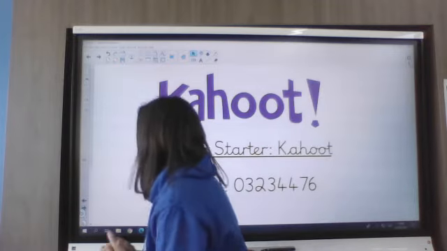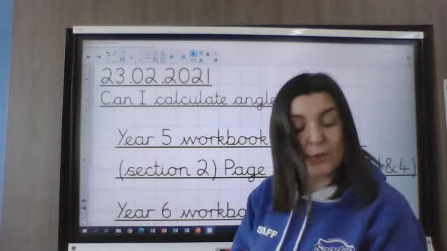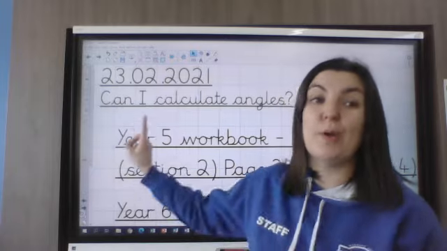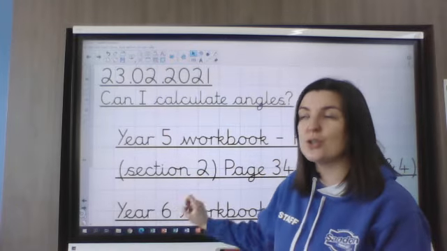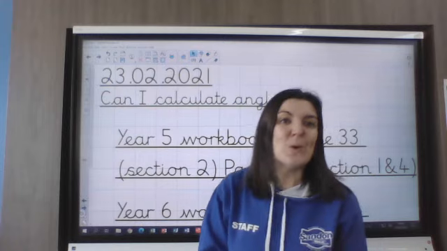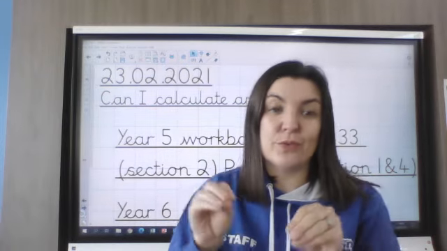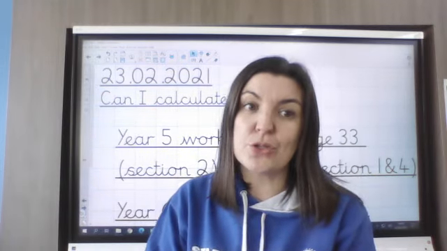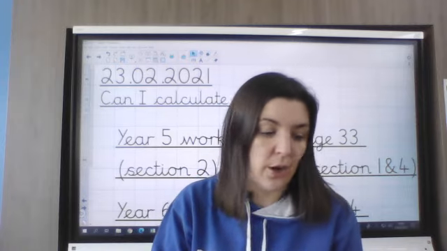So today then we are moving on, still about shape, but we're moving on to some angles work today. Now I want you to really listen carefully to this part of the video. So you've got to use both your Year 5 workbook and your Year 6 workbook, but it's a little bit complicated because you've got different sections from different ones to do because of what we are focusing on.